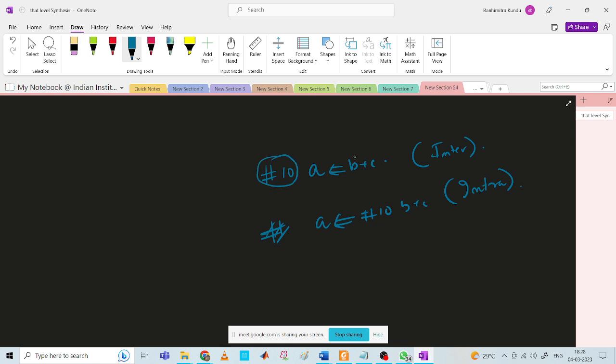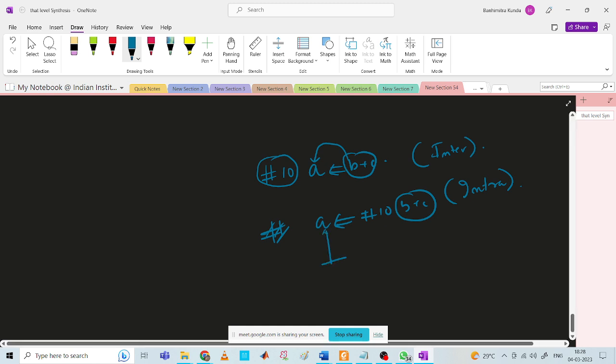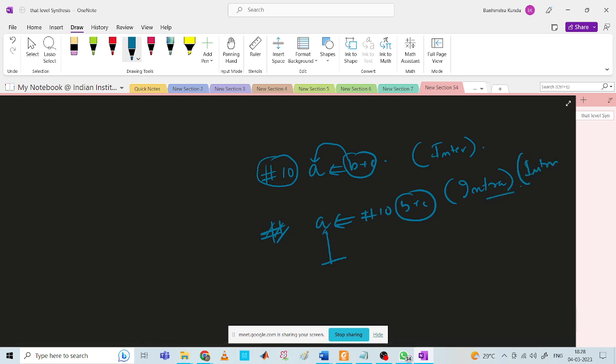Then your B and C is updated. And then it is assigned to A. But in intra statement, first B and C is calculated, and after 10 units it is assigned to A. So first you calculate B and C, then you have the #10 delay, and then you assign it to A.